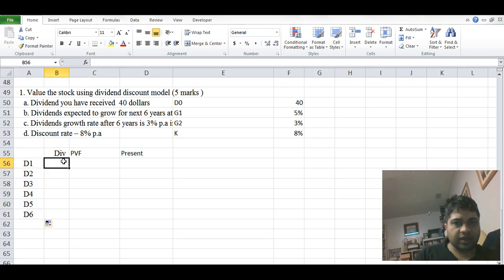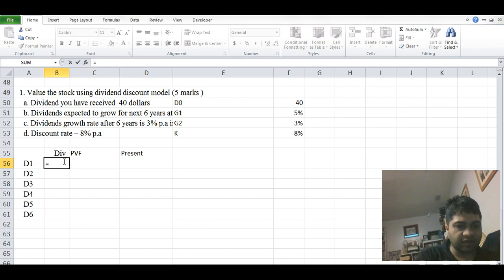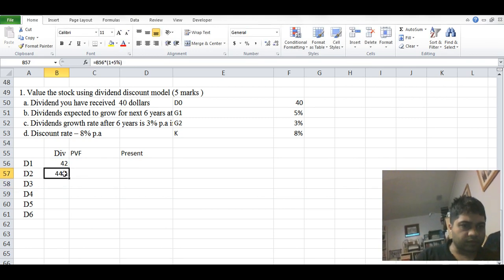D0 is $40, so D1 will be 40 multiplied by 1 plus growth rate in finite period, that is 5%, 42. Next dividend will be previous dividend multiplied by 1 plus 5%, and so on.